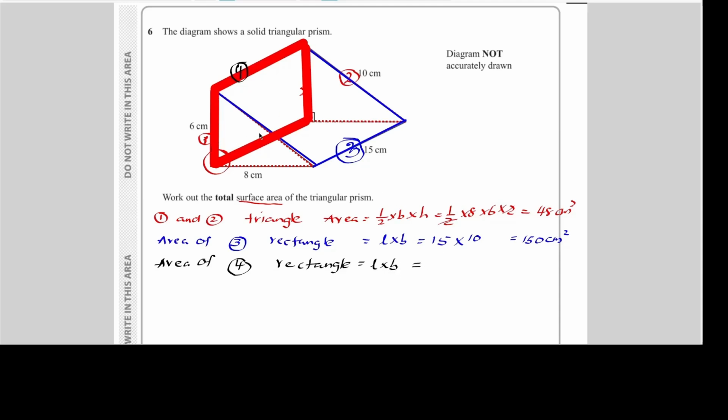So the length, which is this side, is 15, because this is 15, this is 15, and breadth is 6. So length into breadth, 15 into 6, which gives 6 times 5, 30, 3 remaining, 90 squared centimeter.